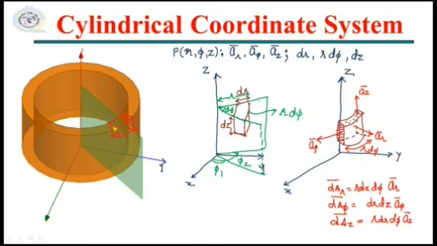Now, what about the other faces? If I take the inner radius, the inner face, what's happening there? In the inner face, the area remains the same, but the direction of a r bar changes. So a r bar, now I'll just redraw here.